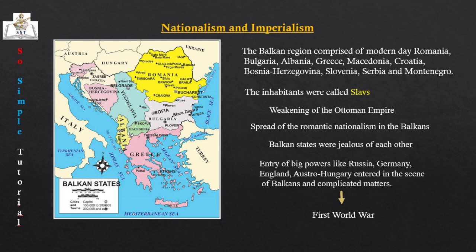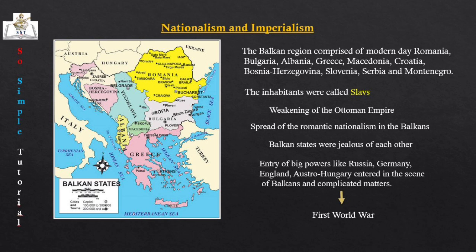They took advantage of the rift between these Balkan countries to materialize their imperialistic aims. They not only tried to extend their control over other countries but also countered the hold of other powers over these Balkan countries. You can well understand the imperialistic tendency of these powers here. You can see how the feeling of nationalism in the Balkan countries aligned with the imperialism of big powers. That is why the title of the lesson is Nationalism and Imperialism.